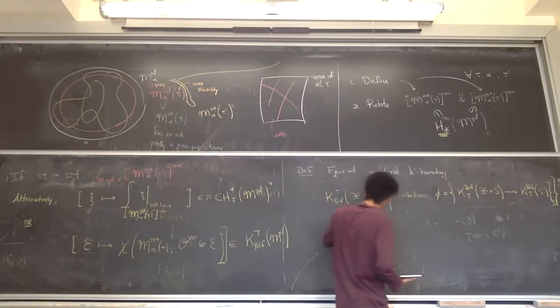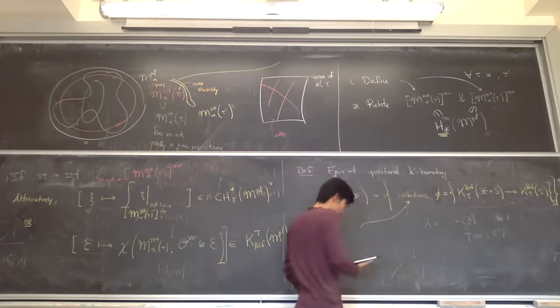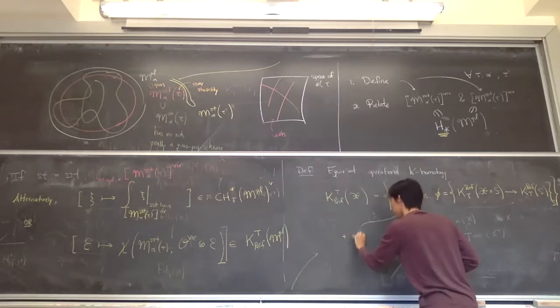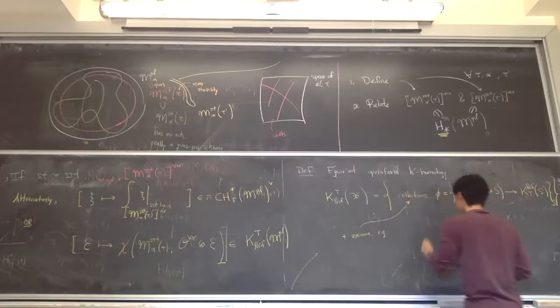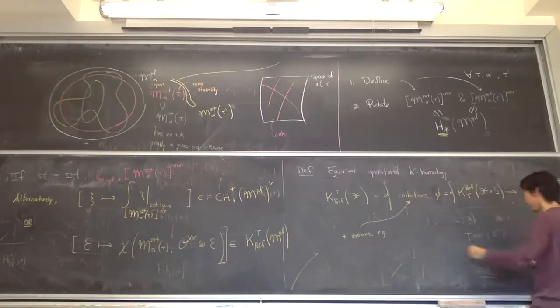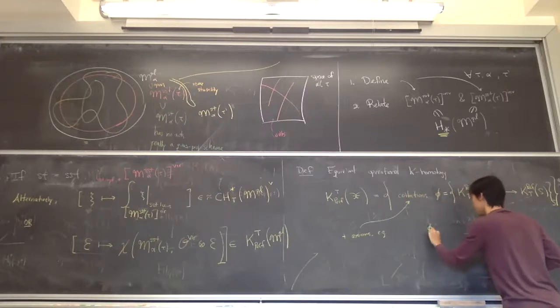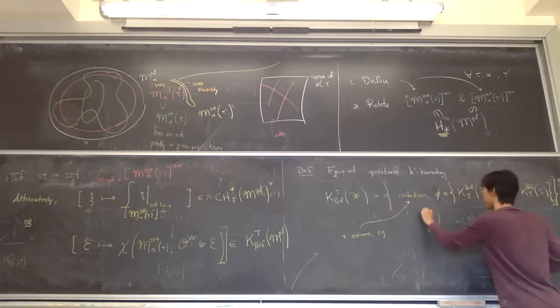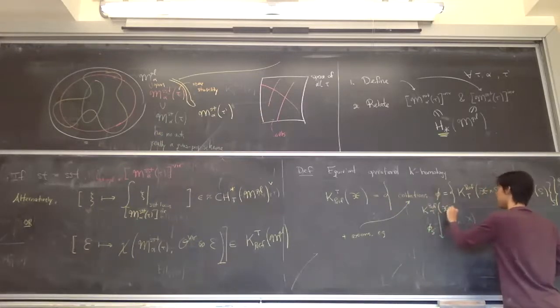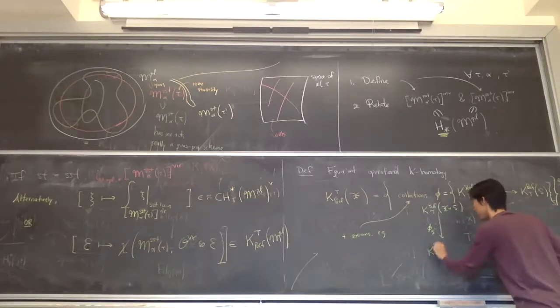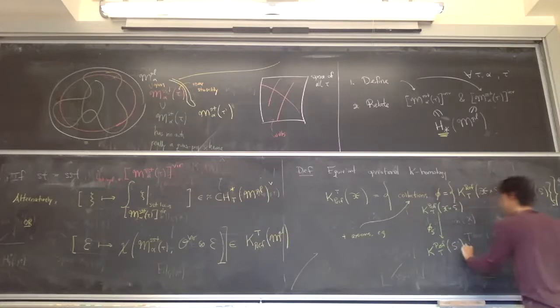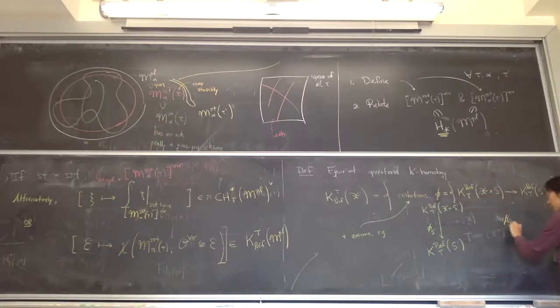And these collections have to satisfy some compatibility conditions. Okay, so plus axioms. For example, you have to have some compatibility that says if you want to apply phi S prime for some base S prime from K perf T of X over S prime to K perf T of S prime, that should be compatible with applying phi with some other base S. This is some kind of neutrality in the base.